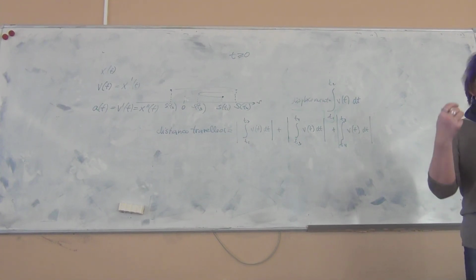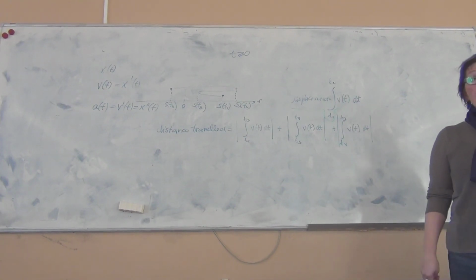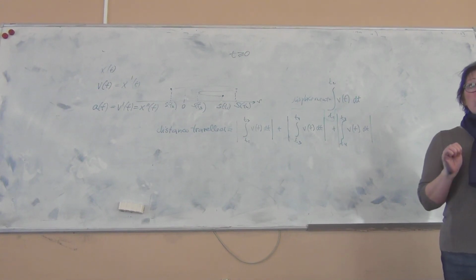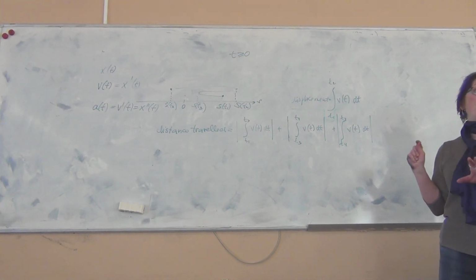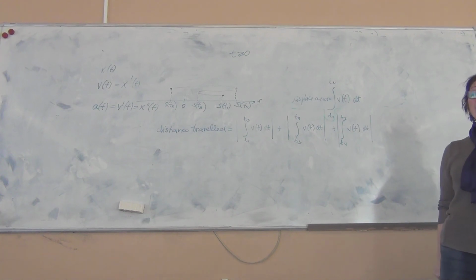If they are both going in the same direction, the acceleration is boosting the speed. If they are opposite, then the acceleration is braking this particle, so the speed is decreasing. So there you see there are important differences between velocity and speed and between displacement and distance traveled.